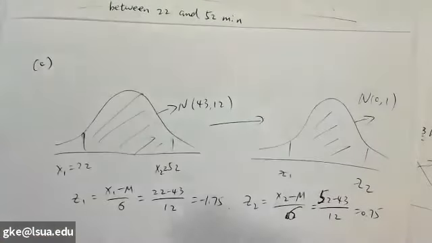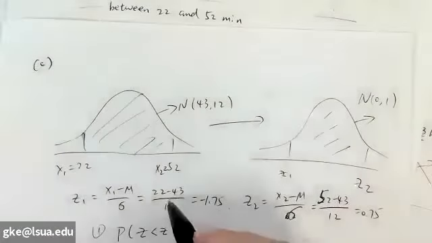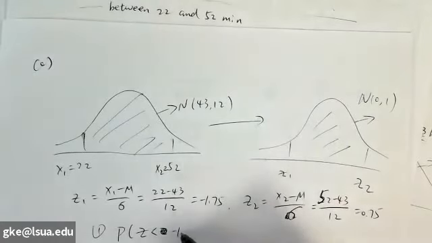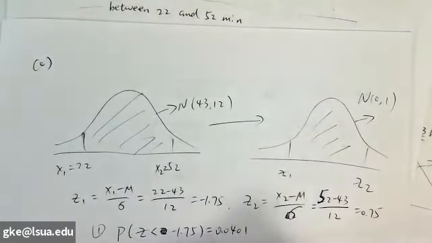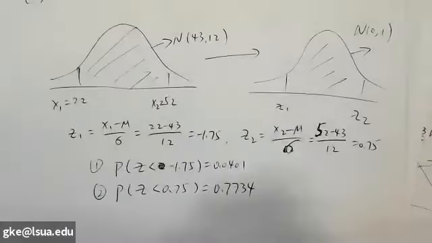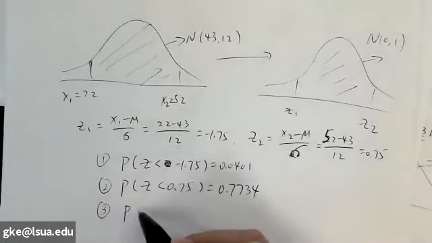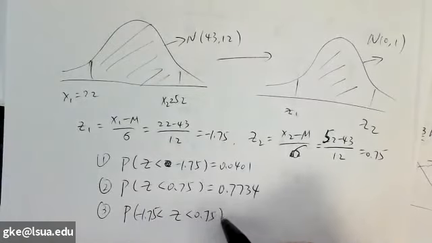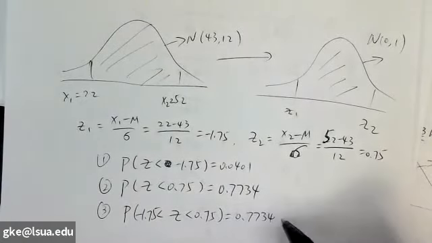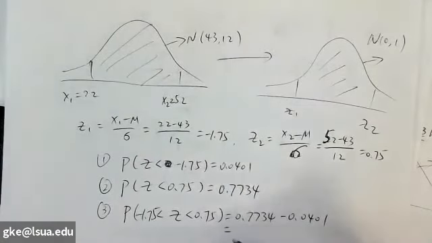Okay. Now you're gonna calculate the area in the middle. Follow these 3 steps. That guy gonna give you 0.0401. The second one is, okay, and the third step, subtraction.